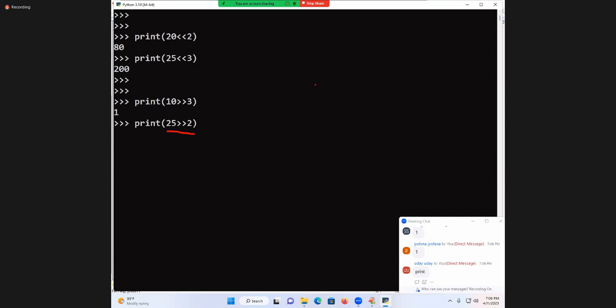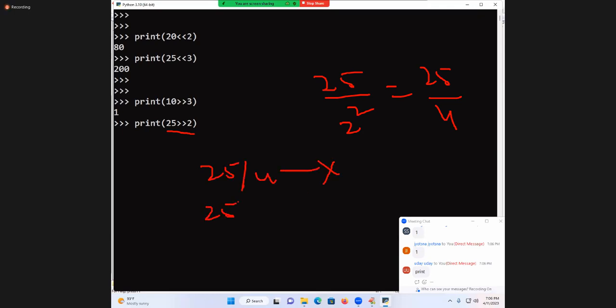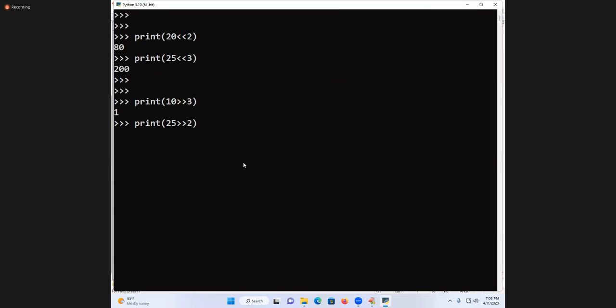The right shift formula is 25 by 2 square, that is 25 by 4. Is it a single slash or a double slash? The answer is 6. 6.25 is not the answer. Take care. The answer is 6. Are you able to follow?